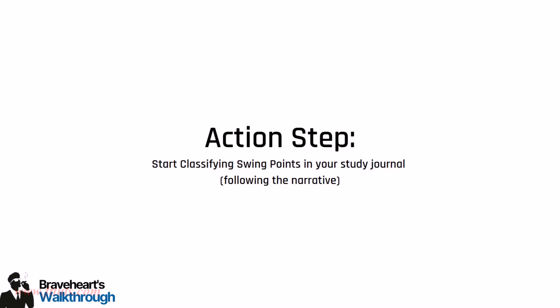That kill zone also removes all the hesitation because you know that price is going to move within those hours. So all these little factors will just make you a better trader because it gives you clarity.